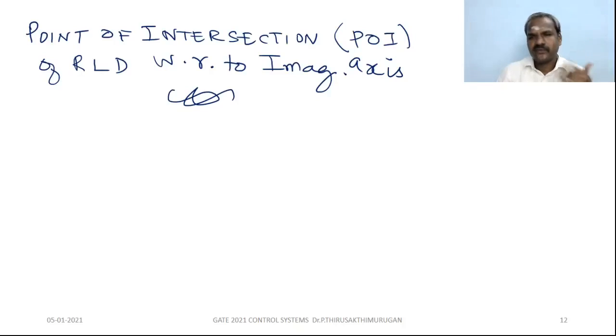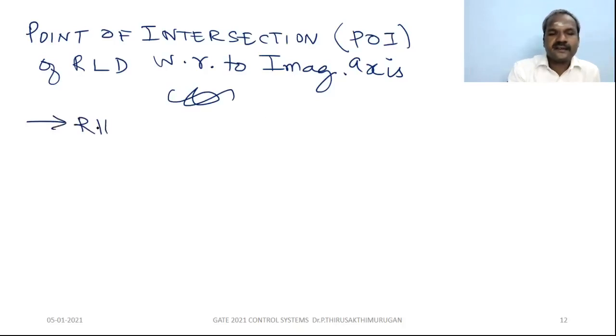The roots of the auxiliary equation, from the row of S square in the RH table, give the point of intersection, that is plus or minus j omega. This can be calculated from the Routh-Hurwitz criterion.